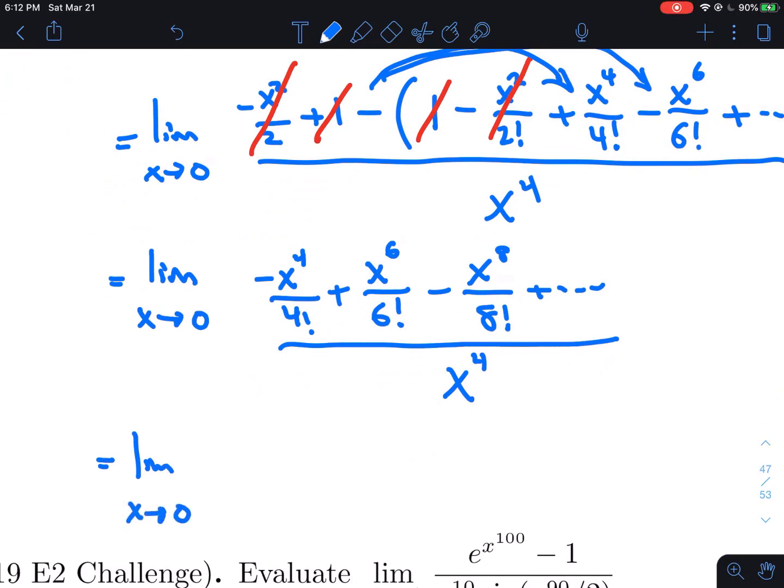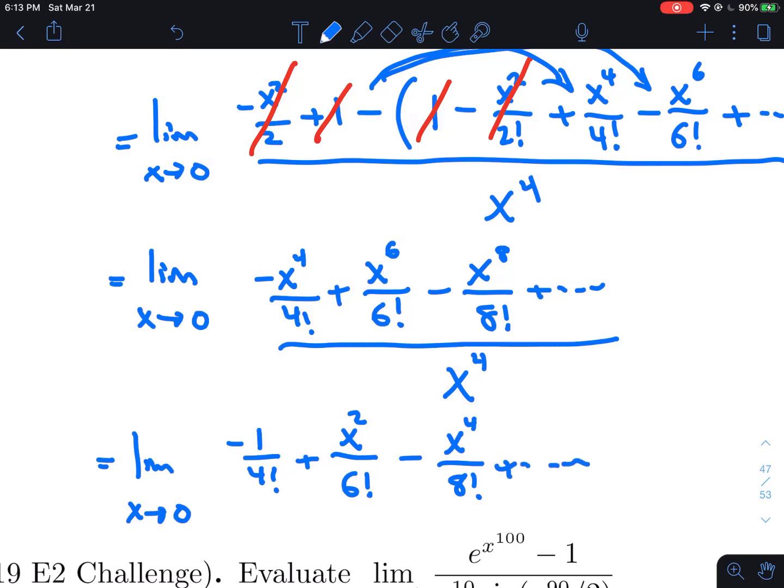For the first one here, we're going to have just negative 1 divided by 4 factorial. Here, again, we have 6 x's divided by 4 x's, so this is going to be x squared divided by 6 factorial. Then after that, we're going to have minus x to the 4th divided by 8 factorial. There's a lot of canceling that's going on.